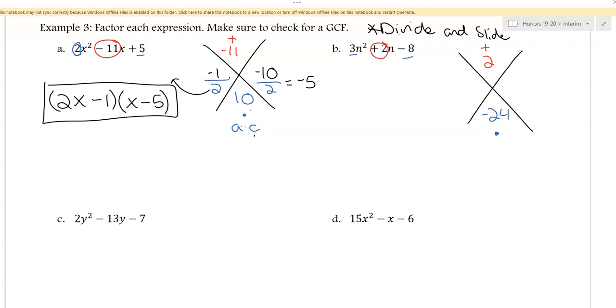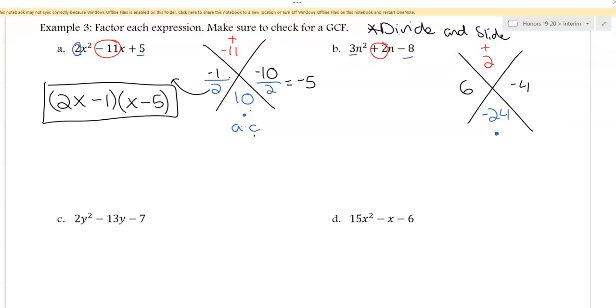Again, knowing our factors, you start seeing these things quickly. There's not much to tell you how to do it other than go through all of them, guess and check. So our 2 factors are 6 and -4. All right, 6 plus -4 is 2. 6 times -4 is -24.